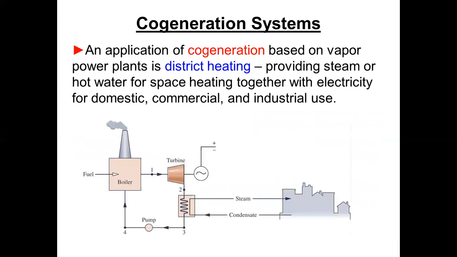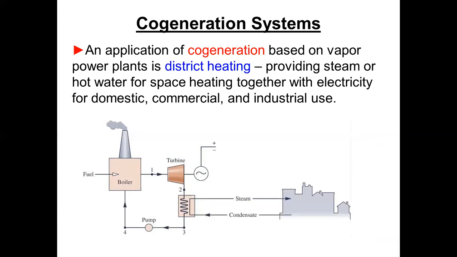And so, an industrial plant or something may come out of the boiler with high pressure steam, go into a turbine, and then come out at, in the US, maybe 200 psi, maybe 100 psi. 100 psia is about 327 degrees, which is plenty warm enough to heat your house.